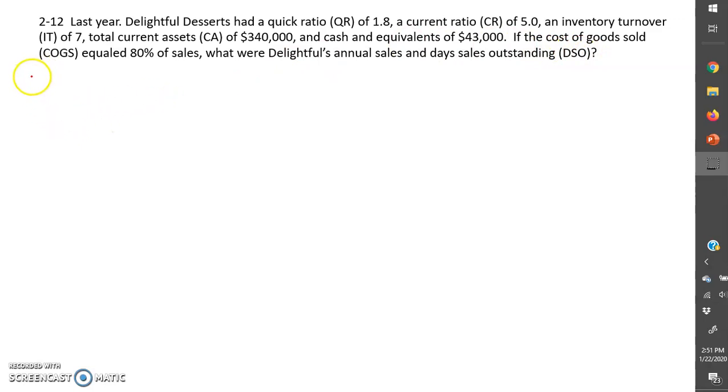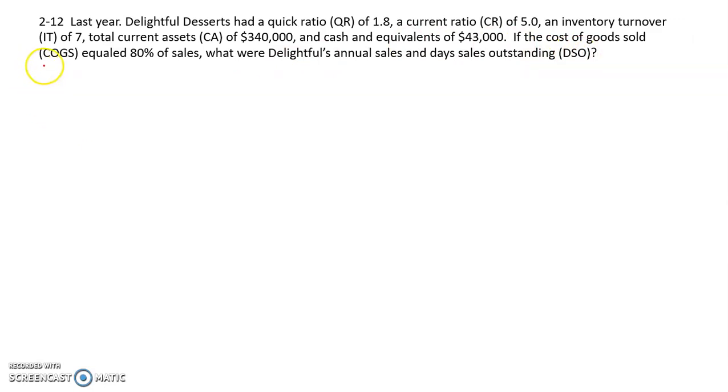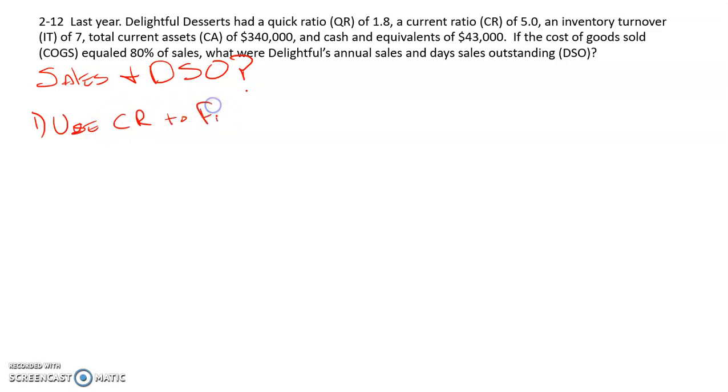So we need to find sales and DSO. So first thing we're going to do is use current ratio to find current assets.